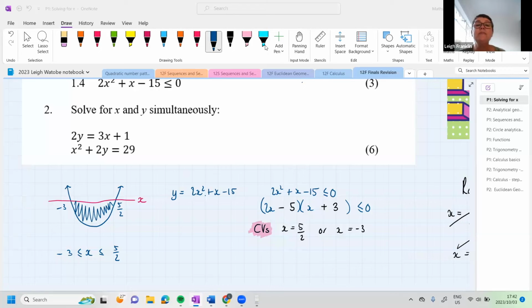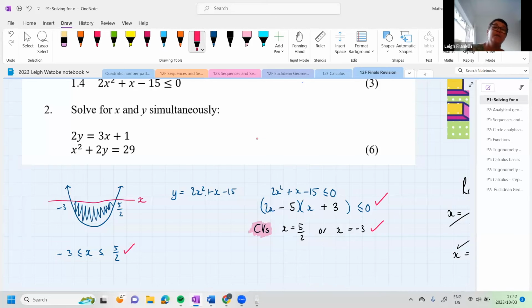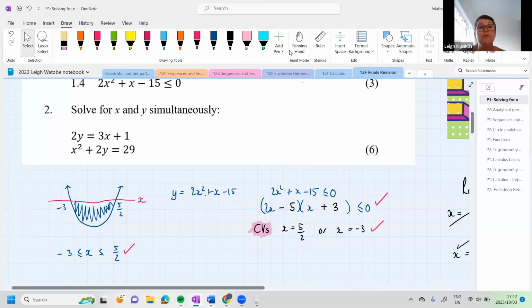All right, good. So here they would have given you a mark on your factors, a mark on your critical values, and a mark on your answer. There generally isn't a mark on the diagram, but you are supposed to draw one.